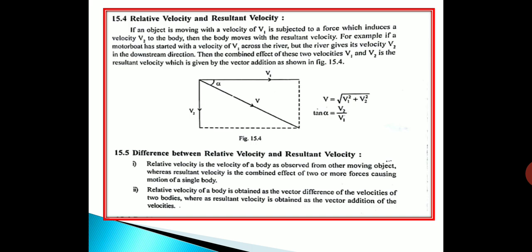So in this case we get two velocities. One is the velocity of the boat itself, secondly the velocity which is provided by the movement of the water, and both are in the same direction. So in this case we can easily get the velocity which will be the resultant velocity of the two.